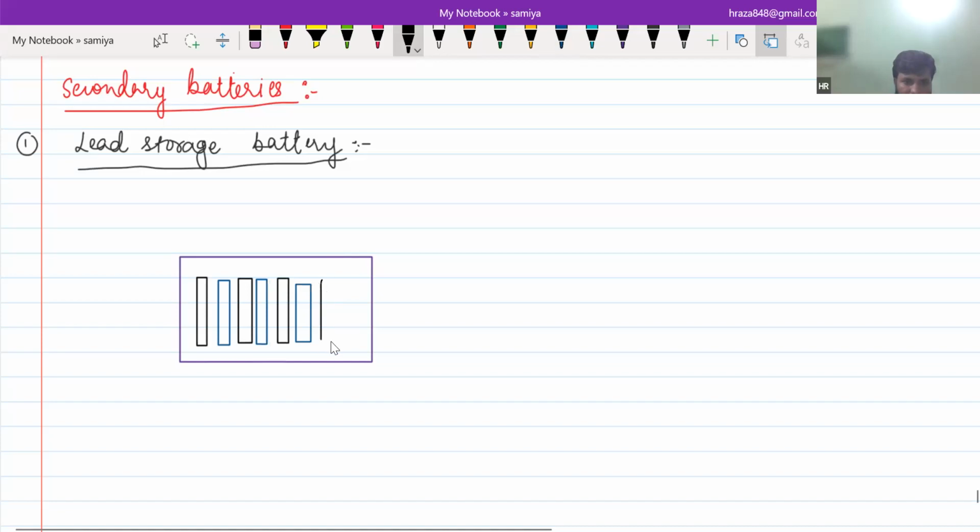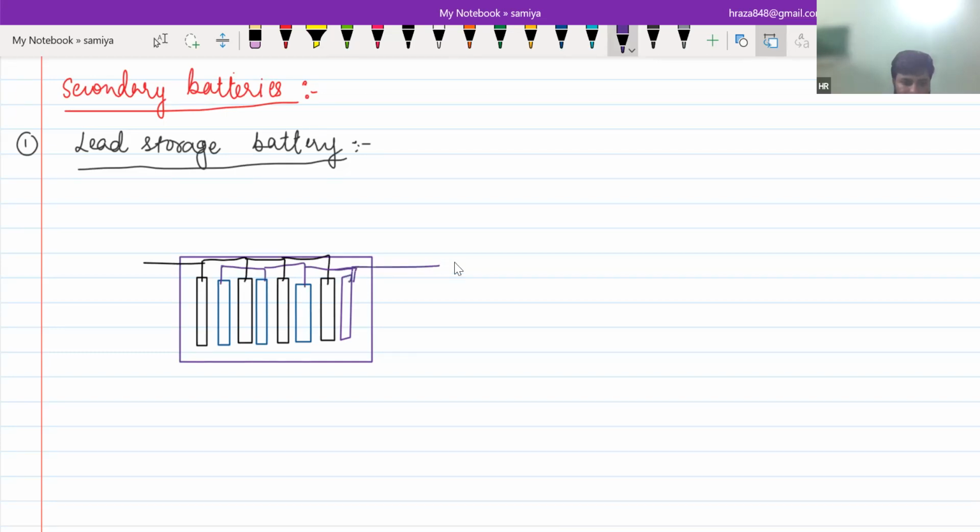These are all equal, not thicker and thinner. So basically the blues are connected with blues, and the blacks connected with blacks, and there is positive and negative charge. Let me make blue here first. This is negative, this is positive.